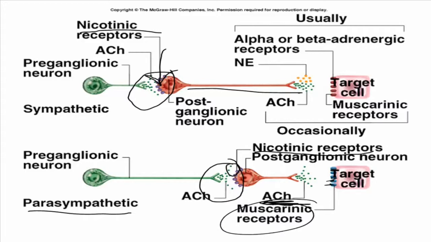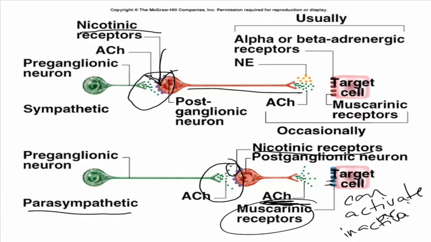They still bind acetylcholine, but depending on what kind of muscarinic receptor there is, and there are several different kinds, you can sometimes get depolarization, sometimes hyperpolarization. So sometimes they're activating, sometimes inactivating, or you could call them excitatory or inhibitory.